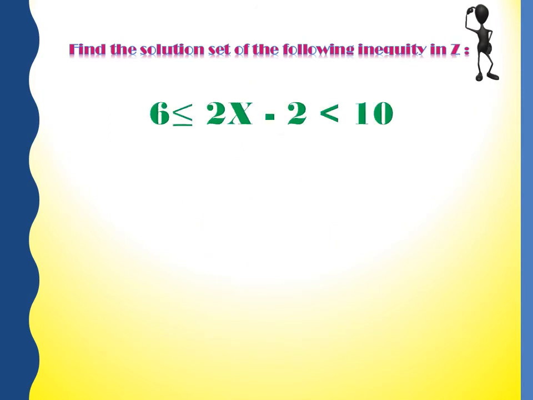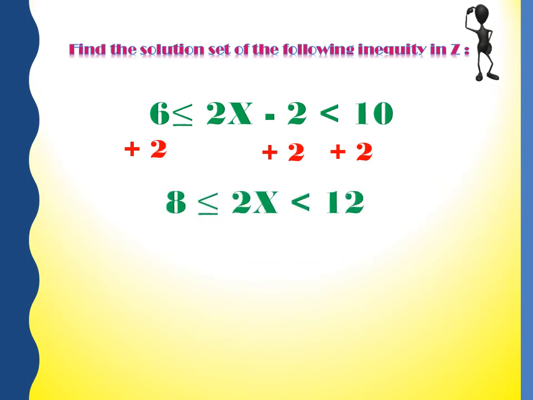Now let's see how to solve this type of inequalities which have three sides. Here we should use the way of adding the additive or multiplicative inverse. First, let's get rid of this negative 2 by adding its additive inverse, plus 2, to the three sides. Here we have 2x greater than or equal 8 smaller than 12.